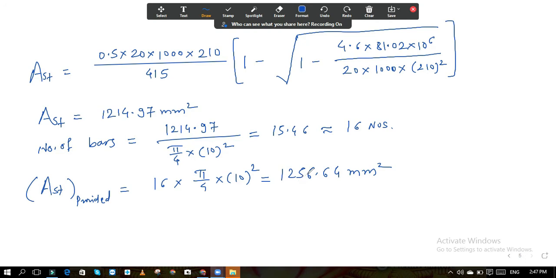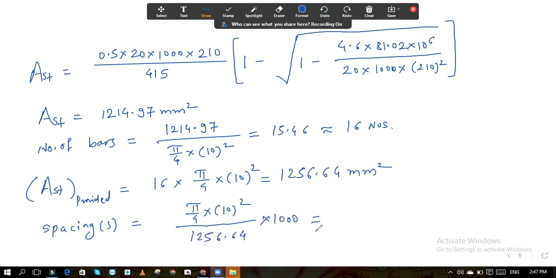Now calculate the spacing. Spacing is equal to area of single bar divided by 1256.64 into width. Okay.